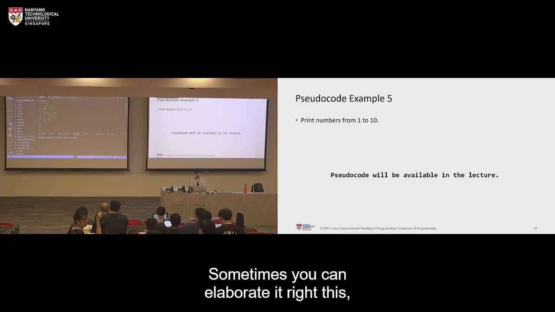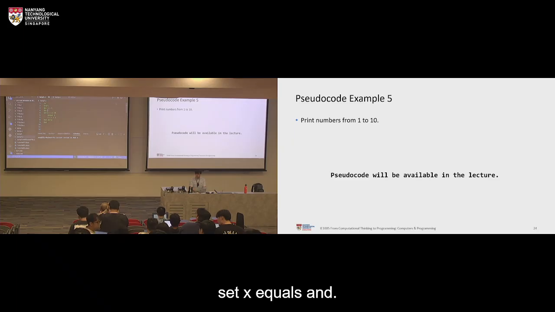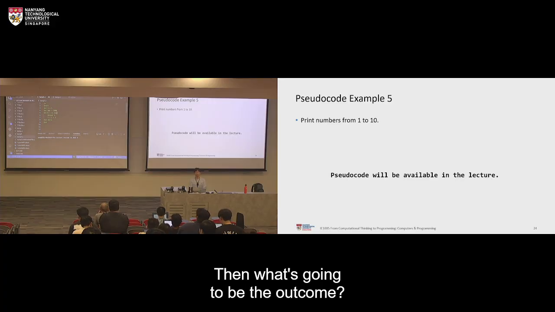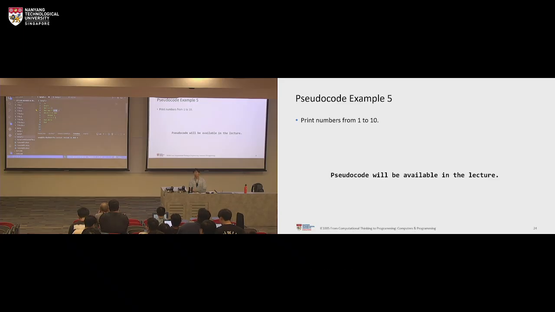Okay, sometimes you can elaborate it like this. Set max equals 1,000. And then you say while I is less than or equal to max. Then what's going to be the outcome? You will display numbers from 1 to 1,000, right?